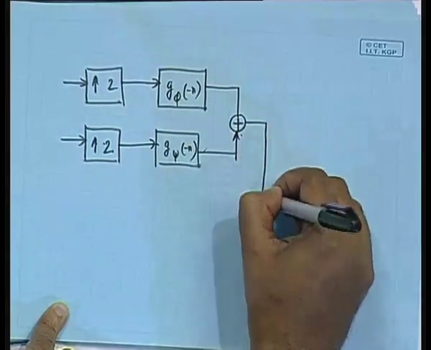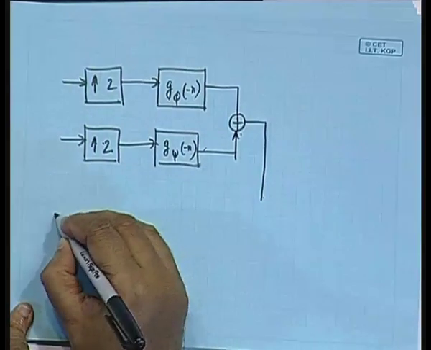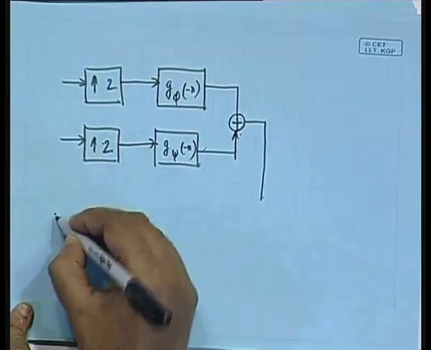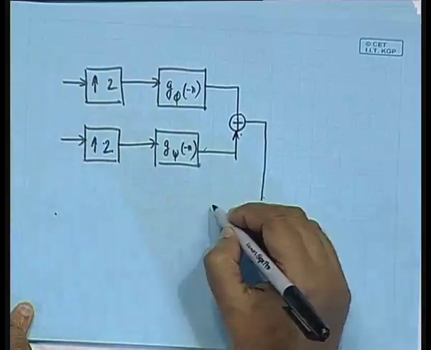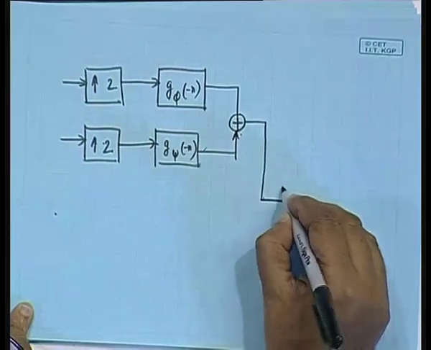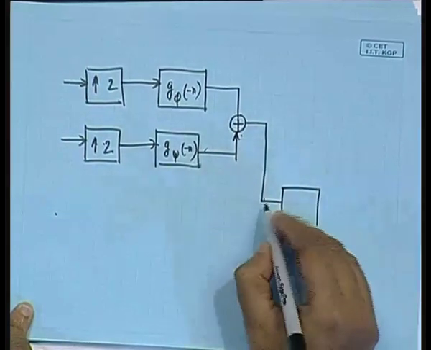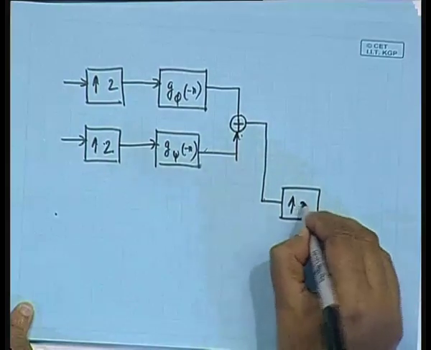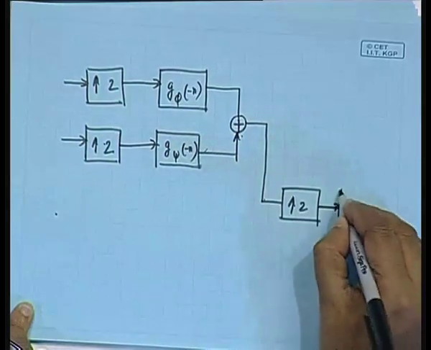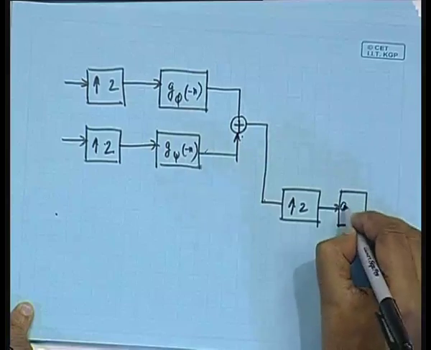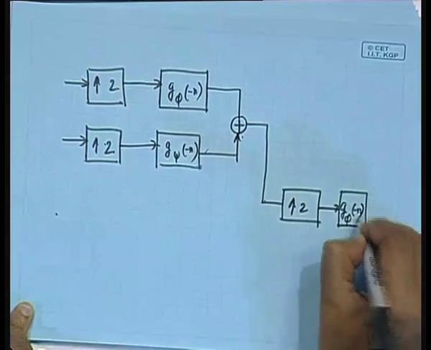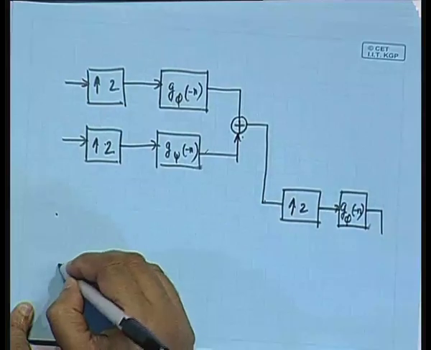Then you upsample this by 2, apply again G phi of minus n, and add up.